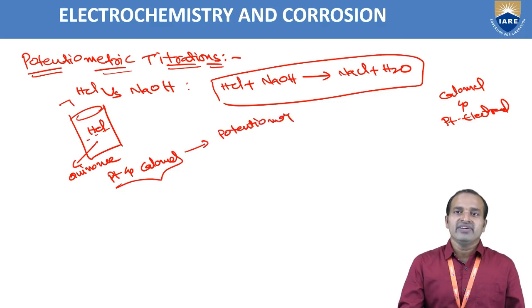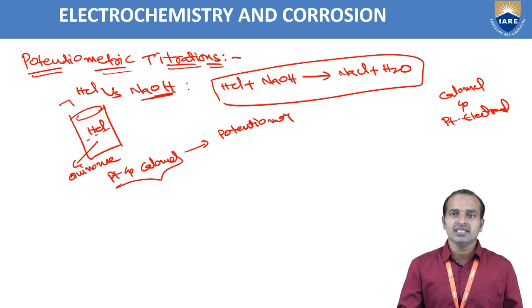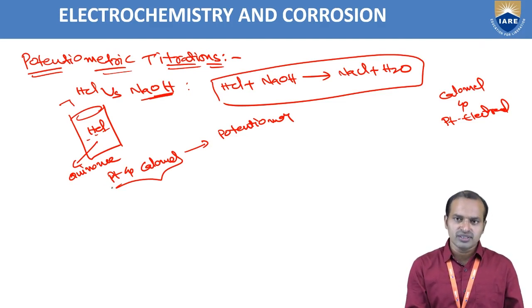Now in the burette we take the NaOH solution. In the potentiometric titrations, without using any indicator, we get sharp end points. How do we get the sharp end point? Let us discuss. Both electrodes, platinum and calomel, are dipped in the HCl solution, and in the burette we fill the NaOH solution, and both electrodes are connected to the potentiometer.